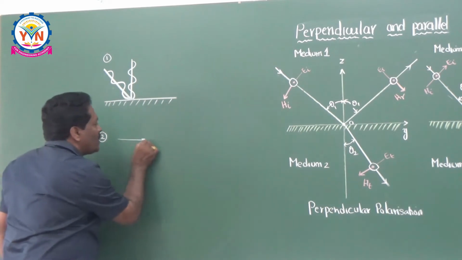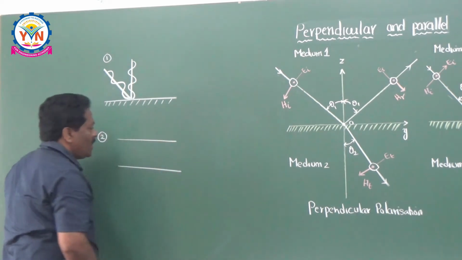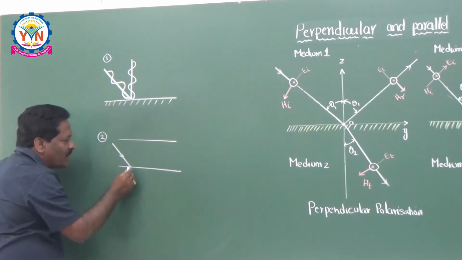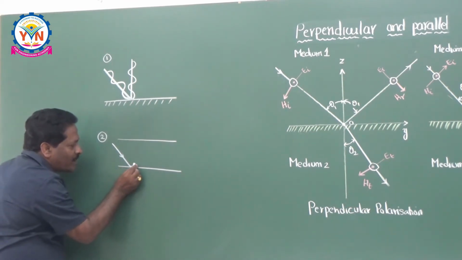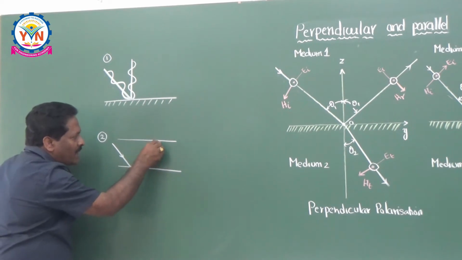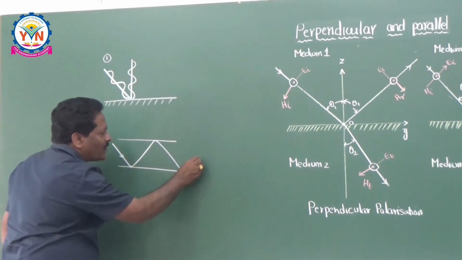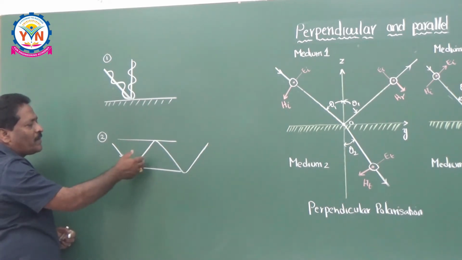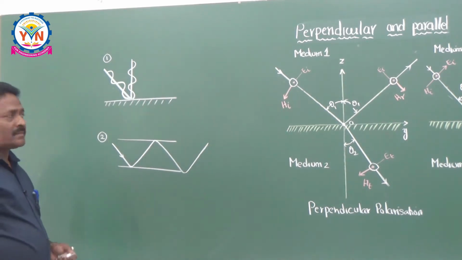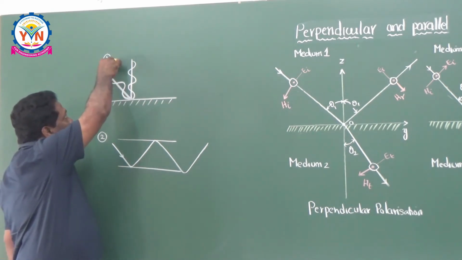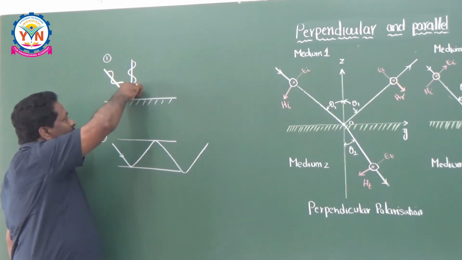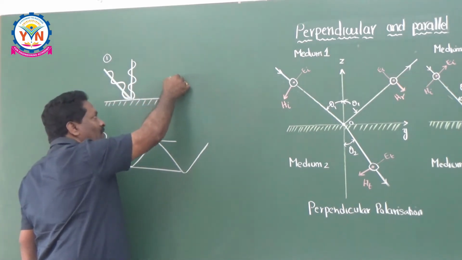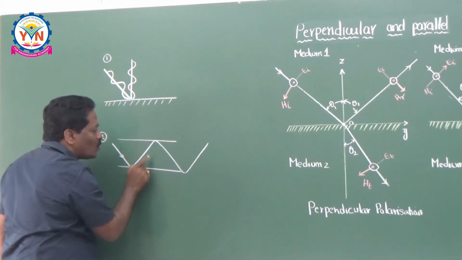So whenever you are taking two boundaries like this, if the wave is coming in an oblique direction, whenever it hits this, it will be reflected back up to this boundary, again reflected, and again reflected like this. In future you can see this type of wave propagation in your waveguides also. Whenever the wave comes in an oblique direction like this, it will be reflected back with the same angle, and again reflected back between the two boundaries.